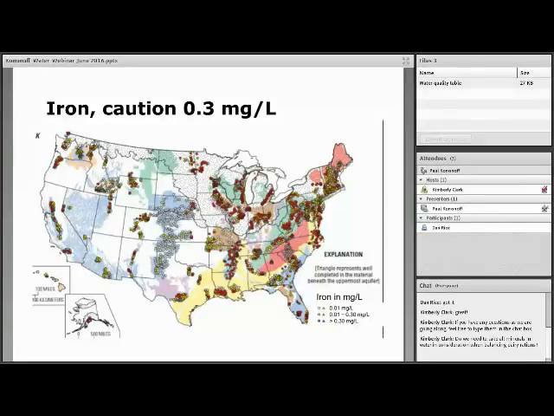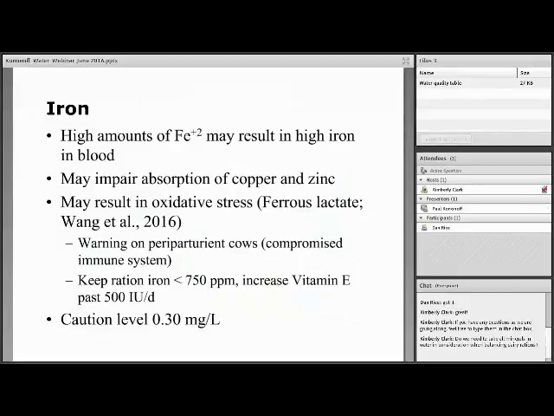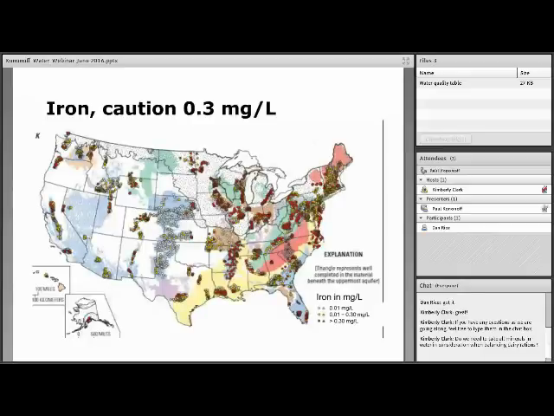What about iron in the water across different parts of the United States? Just going back to this slide, you can see a caution level of anything greater than 0.3 milligrams per liter. So anything in red here would be of reason for concern. You can see that we in Nebraska are fairly fortunate.